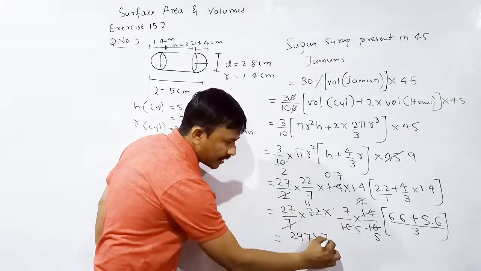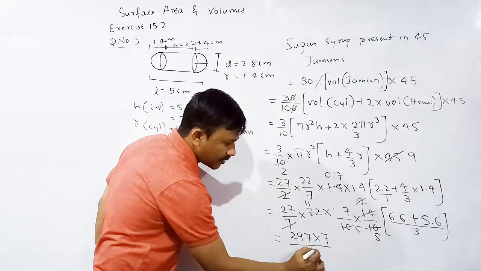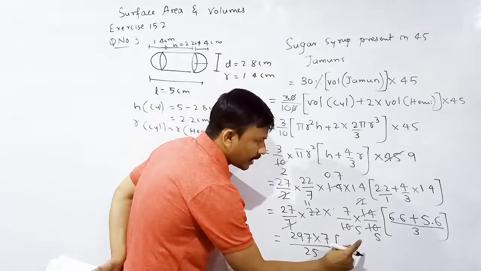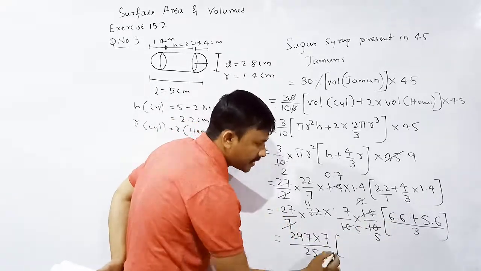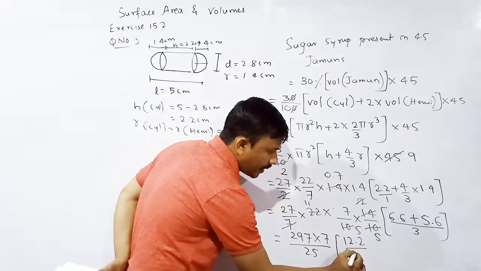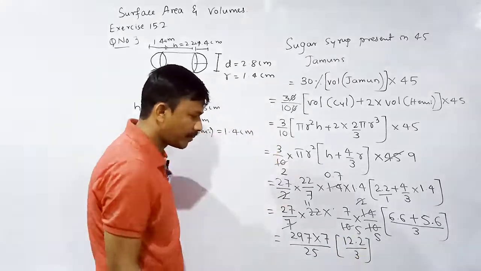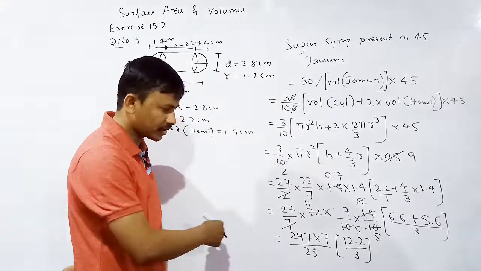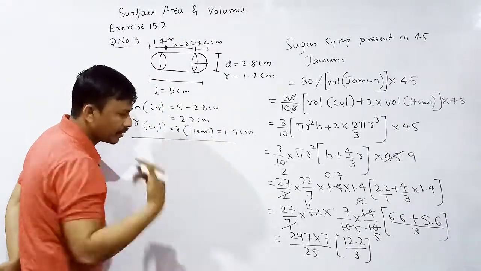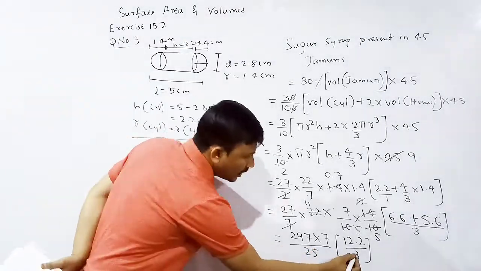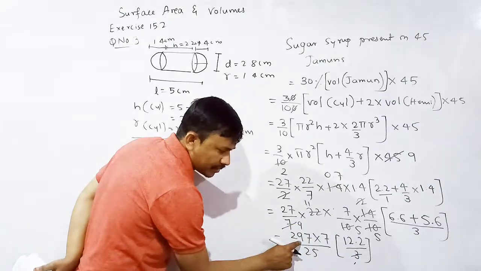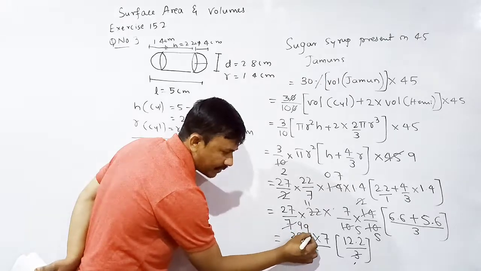7 divided by 5, 5 is 25. In bracket, 6.6 plus 5.6, okay, how much? 12.2 divided by 3. 12.2 divided by 3, 3 goes into it. Look, then this is equal to 3 1s are 3, 3 9s are 27, cancel.